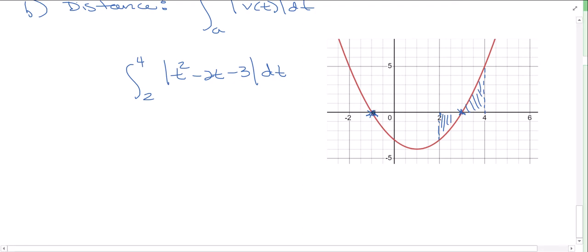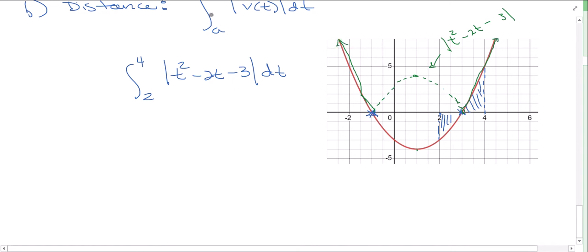So when I reverse this, I would put it up here and try the best that I can to bring it up. Then this will be the absolute value of t squared minus 2t minus 3. So if I trace it, then this will be my absolute value function for this rate of change.